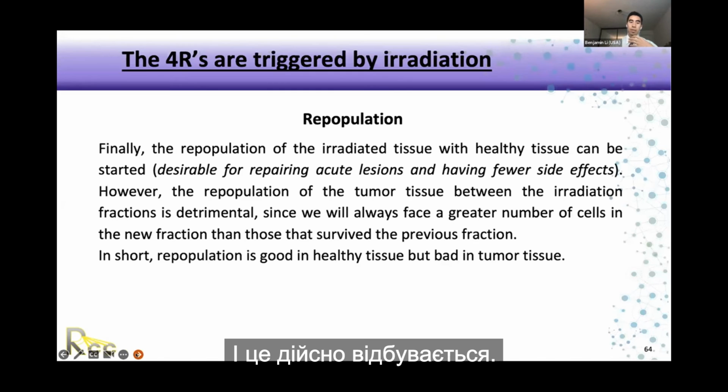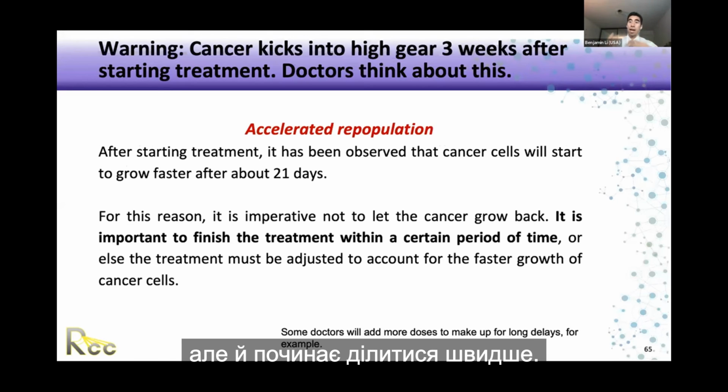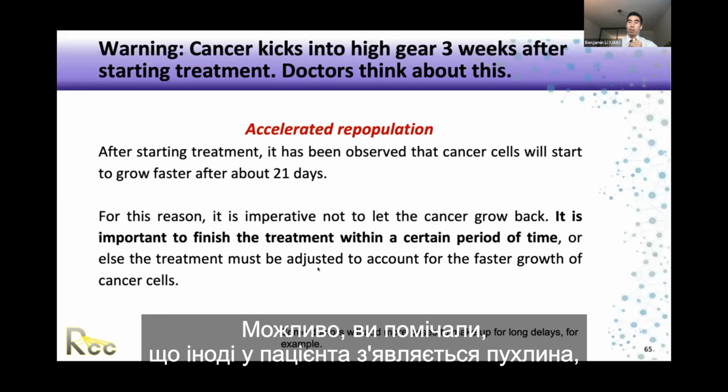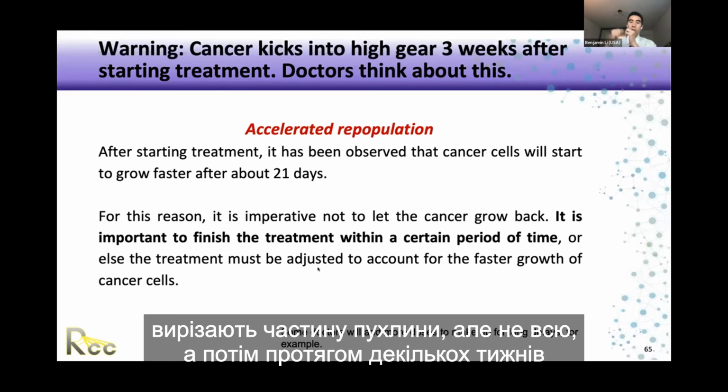And there's actually something that happens called accelerated repopulation, where not only does the cancer divide, but it starts to divide faster. It starts to accelerate its repopulation. And this is kind of scary. You may have noticed that sometimes there's a tumor that's been growing over the course of a few months on a patient, and then they get a surgery, they cut out some of it, but not all of it.